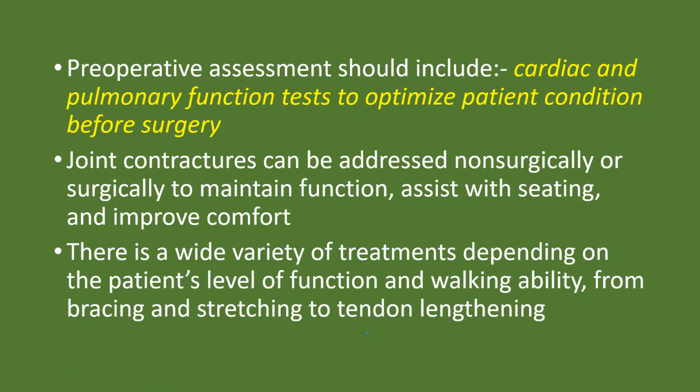Joint contractures can be addressed non-surgically or surgically to maintain function, assist with seating, and improve comfort. There is a wide variety of treatments depending on the patient's level of function and walking ability, from bracing and stretching to tendon lengthening.